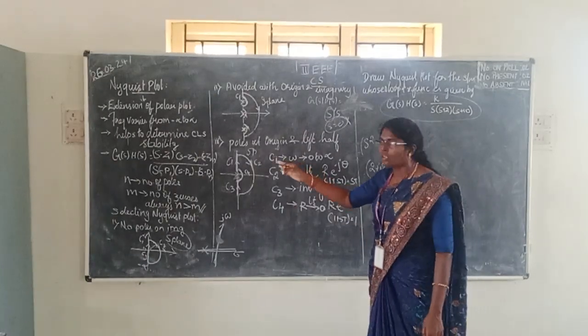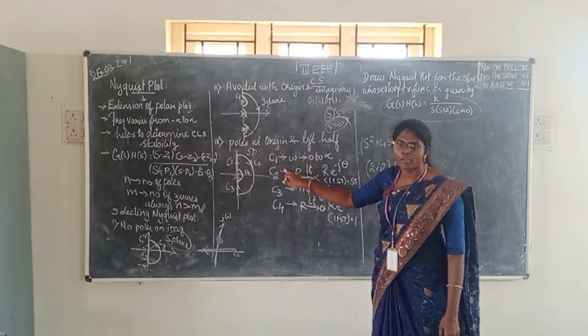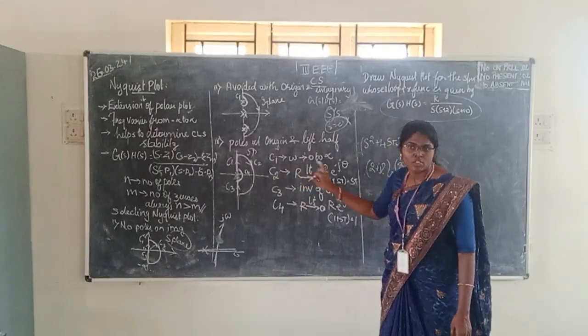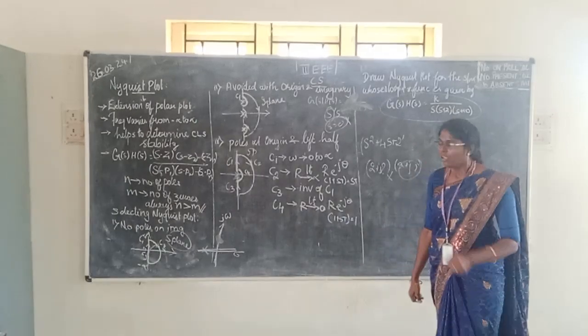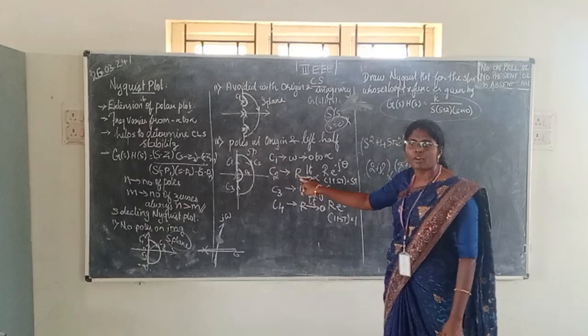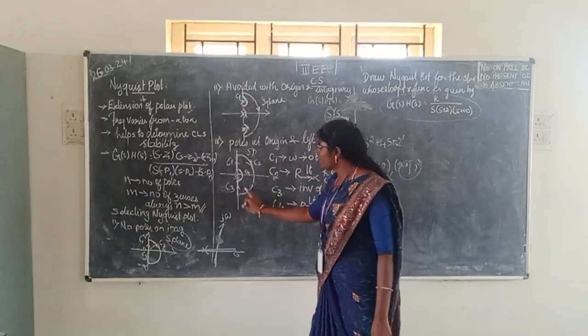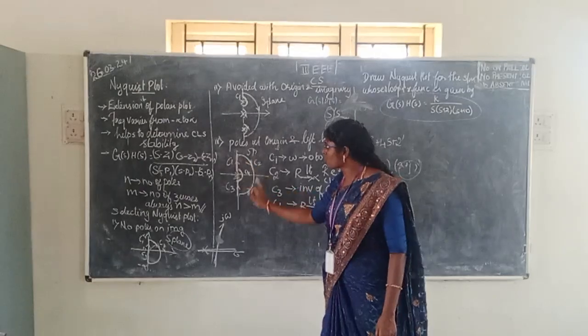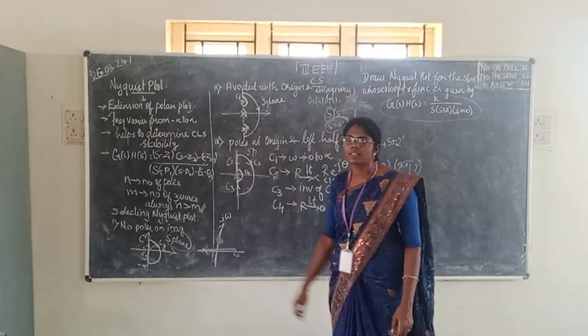To do that mapping, for C1, the frequency ranges from 0 to infinity. Okay, and next, for C2, what is the condition? For C2, in the real axis it goes toward infinity. We can't predict where this contour is going to come in the real axis, that is infinite.